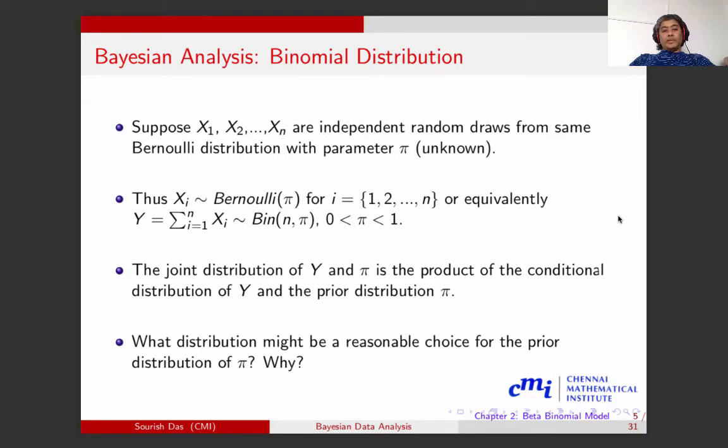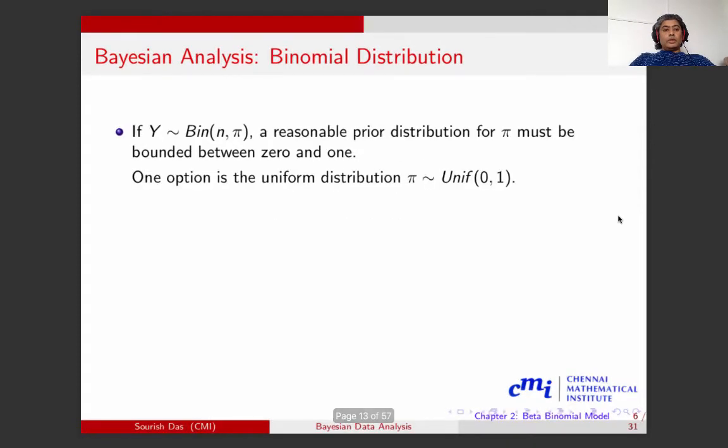We will come back to these questions again and again, because the choice of prior distribution is going to affect our result quite significantly. So we always have to choose our prior distribution for an unknown quantity very carefully. If y follows a binomial distribution with parameters n and pi, n is known to us and pi is unknown, pi is between 0 and 1, so a reasonable prior distribution for pi must be something bounded between 0 and 1.